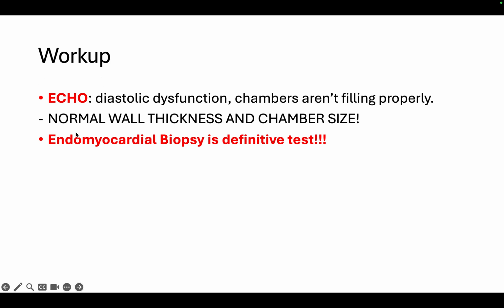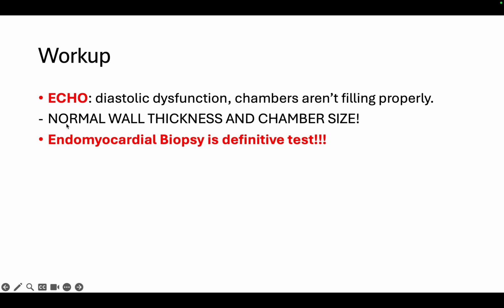Okay, for the workup, this is a little bit different than the other cardiomyopathies, but obviously you're going to want to look at the heart with an echo. Usually if a vignette or a question is asking about findings of restrictive cardiomyopathy on an echo, it's going to say diastolic dysfunction, or the chambers aren't filling properly.